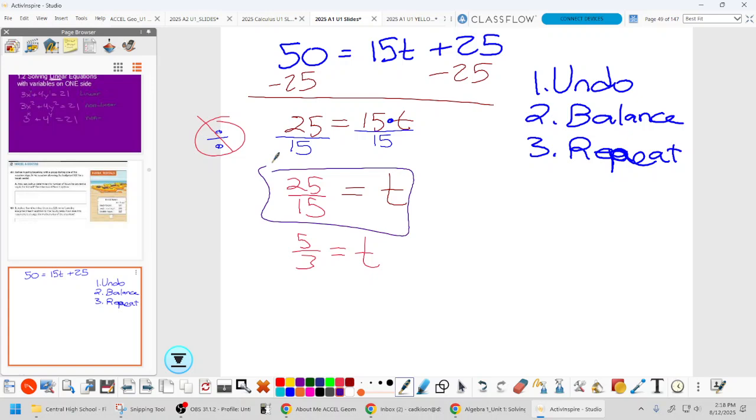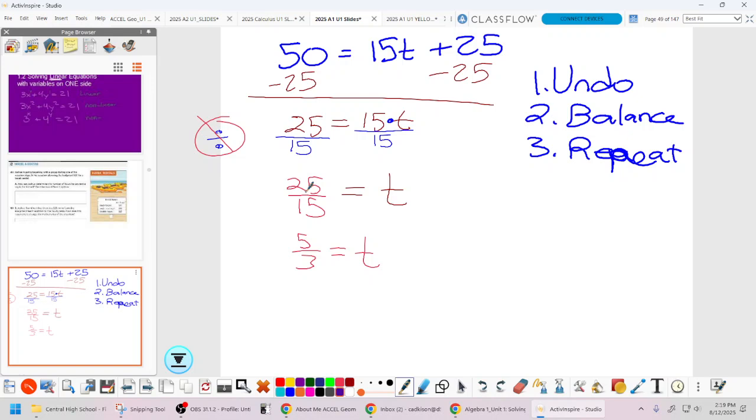You don't have to reduce it on your AP test, AP meaning my AP calculus class. It's fine if you do, but it's also often fine if it isn't simplified. What I don't want to see you do is turn it into a decimal, because that's unnecessary, right?